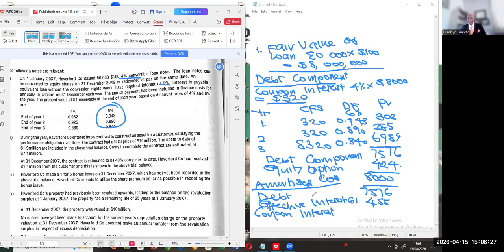Now, students make mistakes here. Coupon interest does not change. It is based on the original loan. So here, the coupon is still 320. Then there we have 7,711.